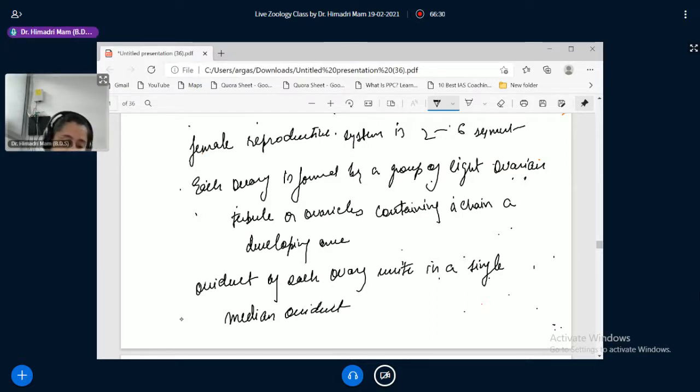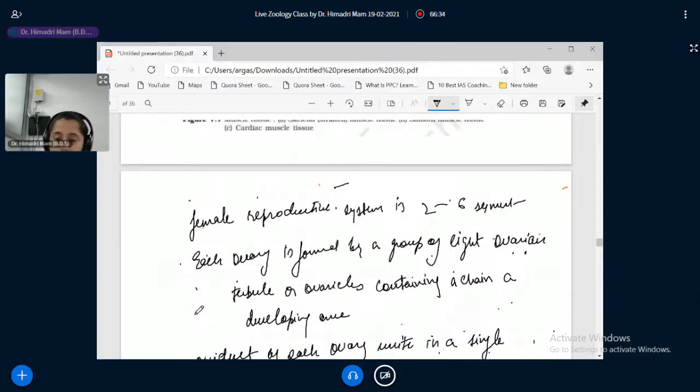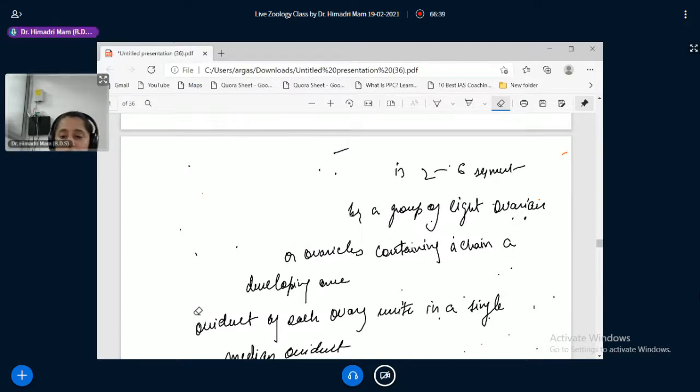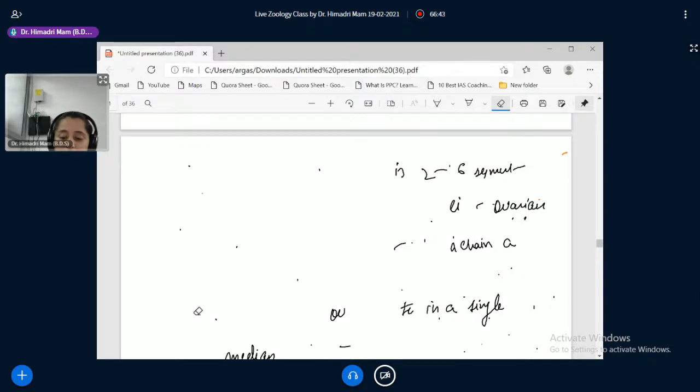Right. Then we have a pair of spermatheca.